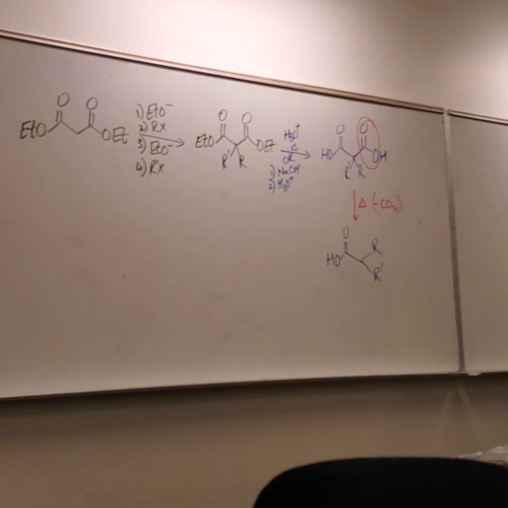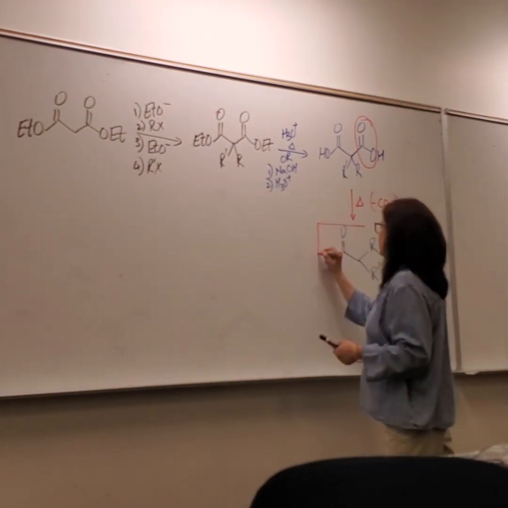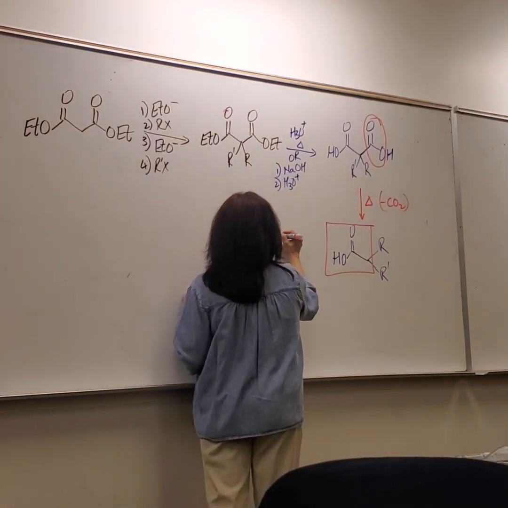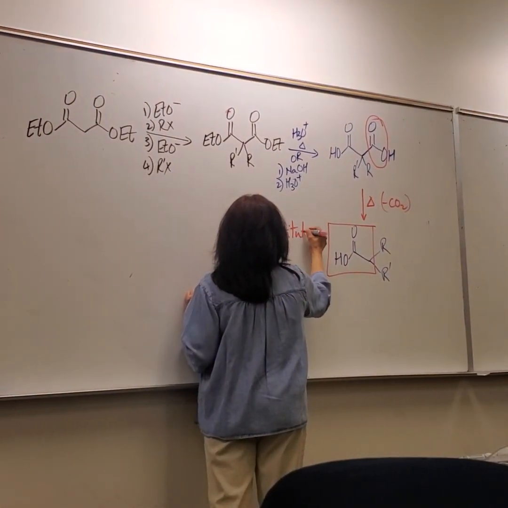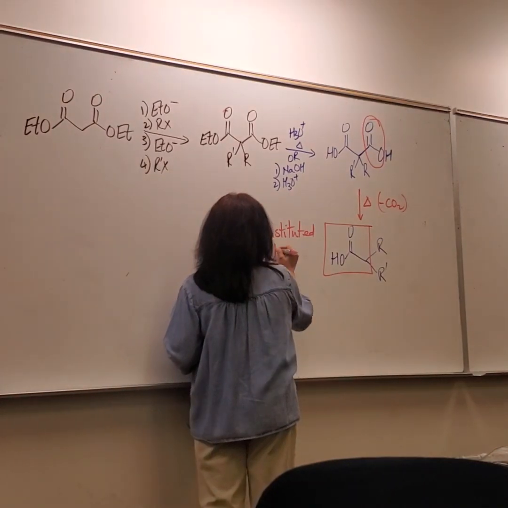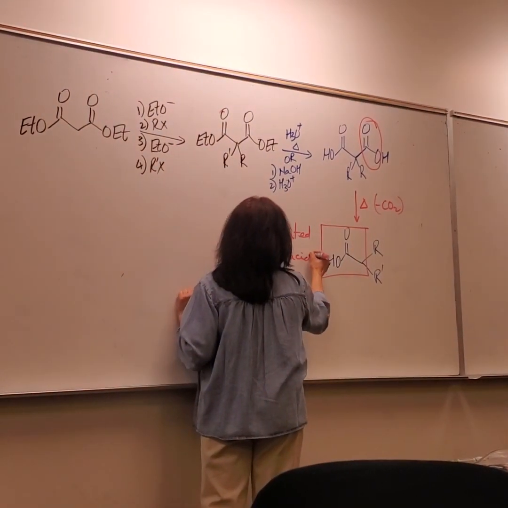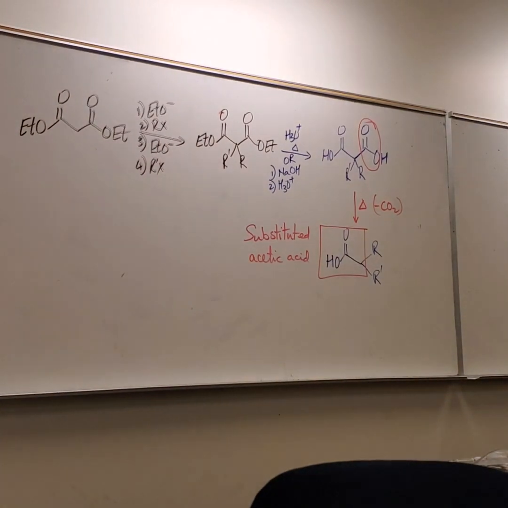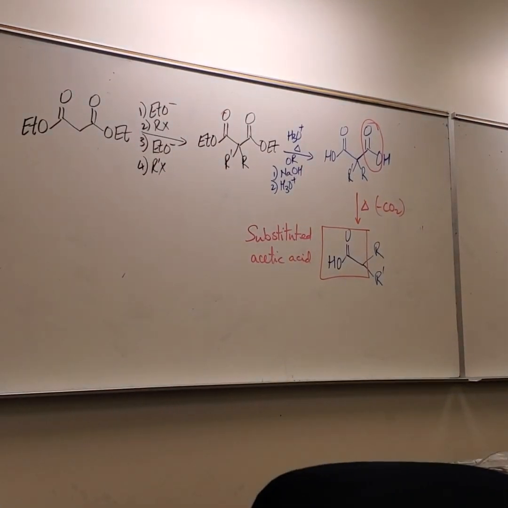Agreed? I call this a substituted acetic acid. Because that portion is acetic acid, we are putting R's on the alpha carbon to create the product.